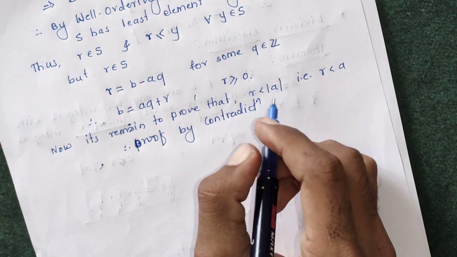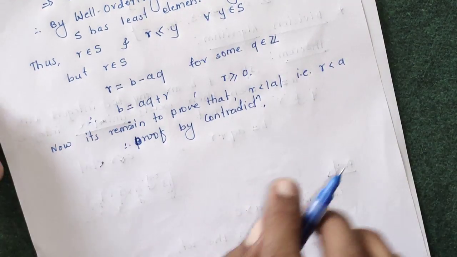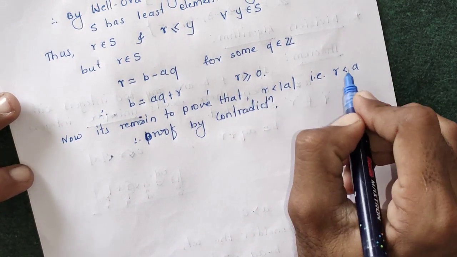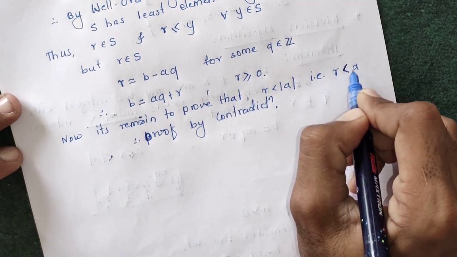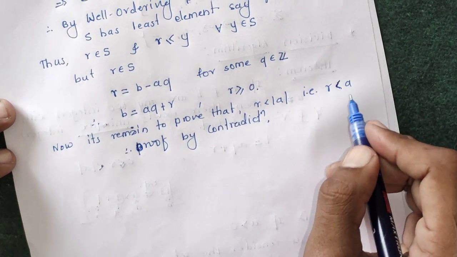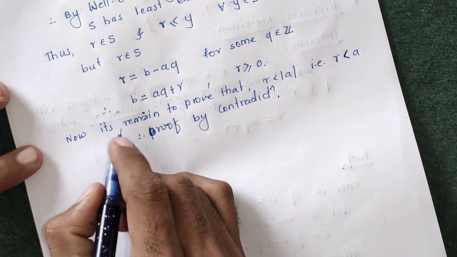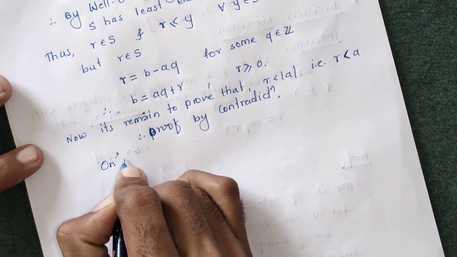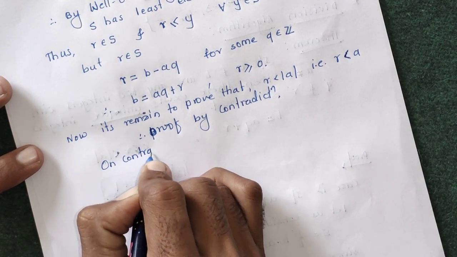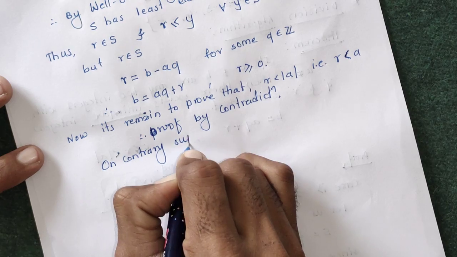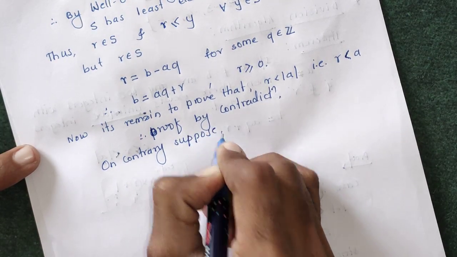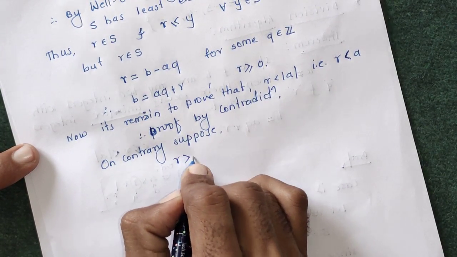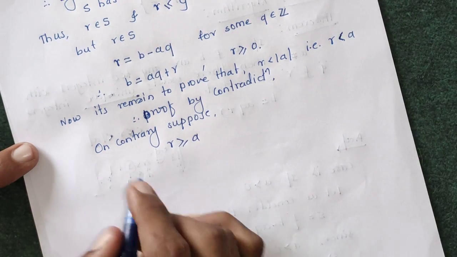If possible, we are going to assume the contrary, that r is greater than or equal to a.